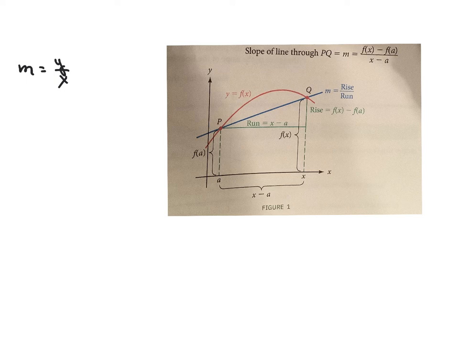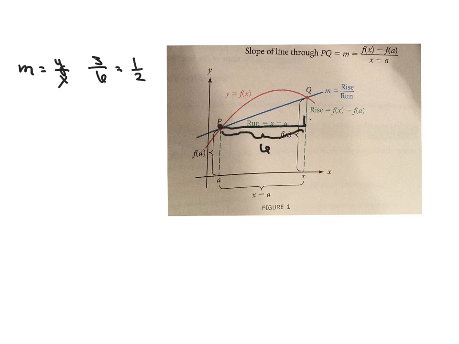So from this point P to this point Q, the slope is the numerical y over the numerical x. If this were a 3 and this were a 6, my slope would be y, which is 3, over 6, which is x, which reduces to 1/2. That would be my slope.